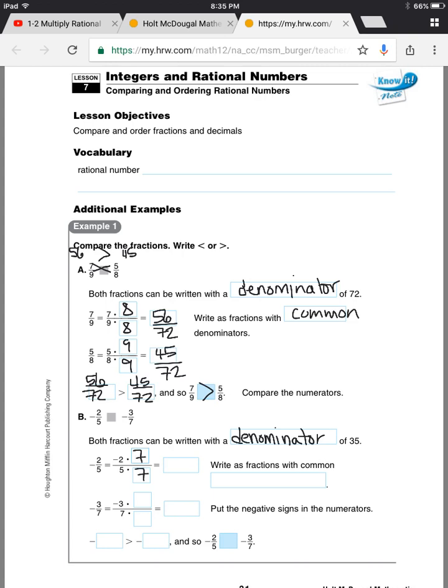So this is negative 2 times 7. There's one negative, so it's negative 14 over 35. Then we have 7 times what gets me 35? Times 5. So, negative 3 times 5 is negative 15 over 35. So we wrote them with common denominators.